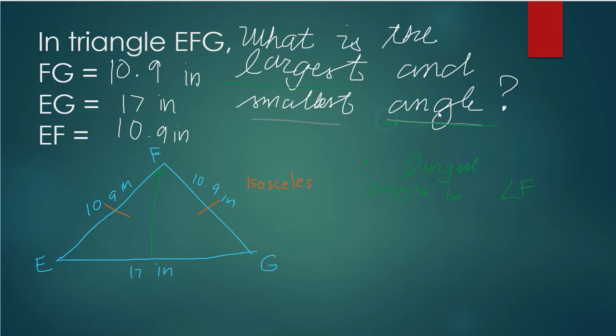Okay, and then, as you can see, for our smallest angle, we will actually have two answers because the other two angles are equal.